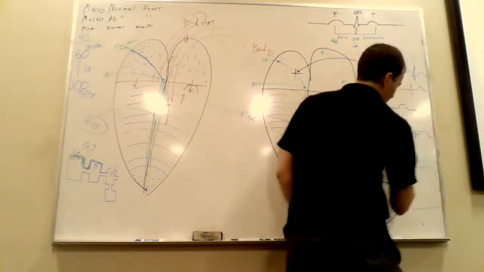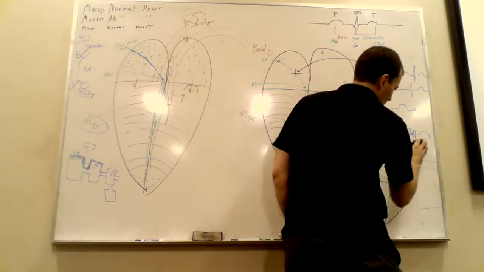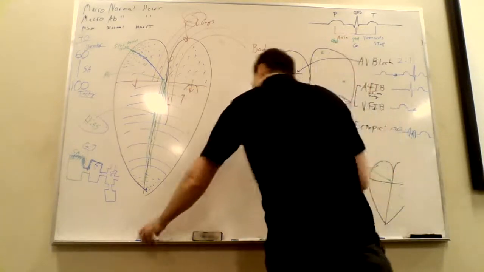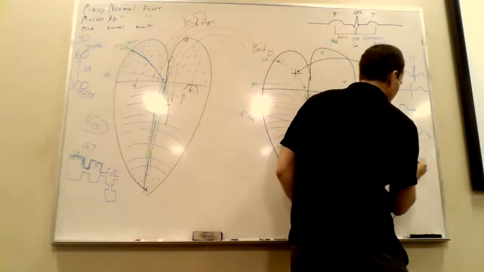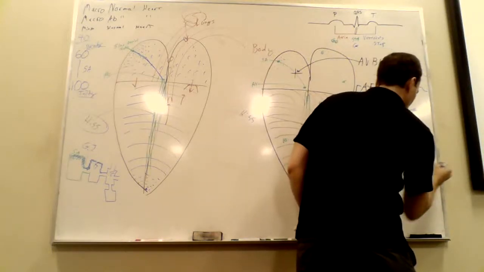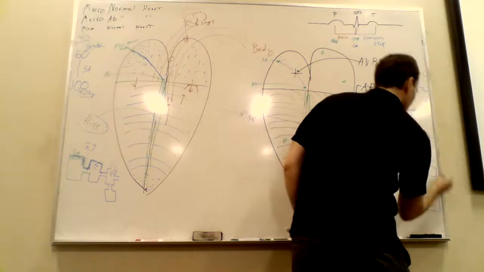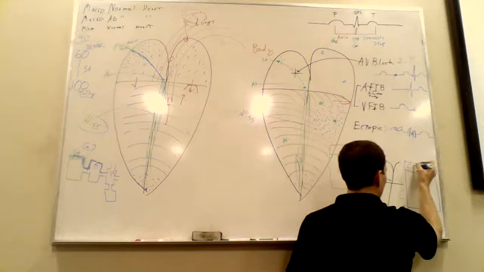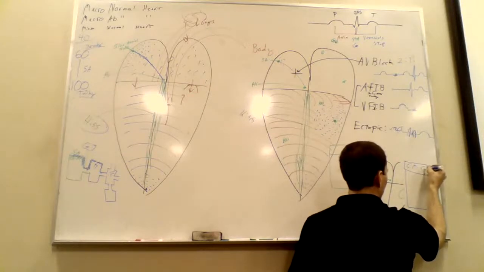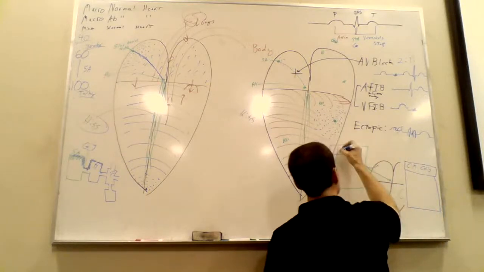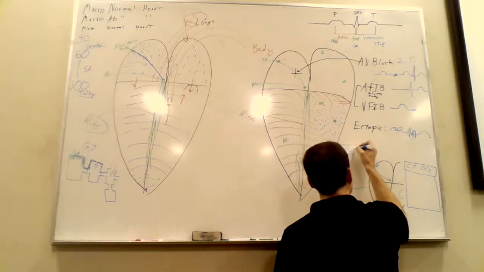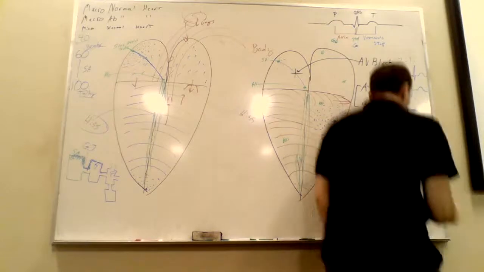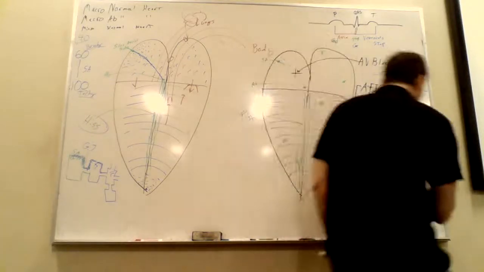I think I'm going to give myself a little bit more room here. All right, so we have cardiac muscle cells over here, and over here we have node cells, SA or AV. We're going to start with the cardiac muscle cells.